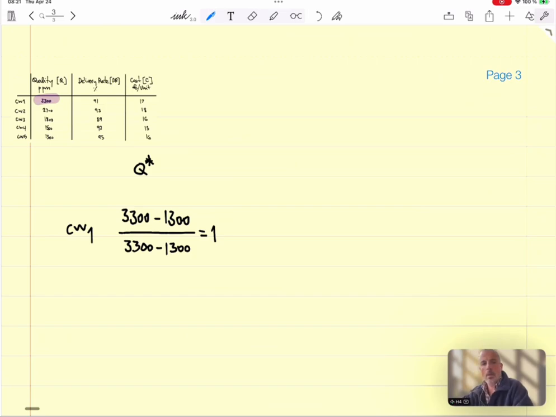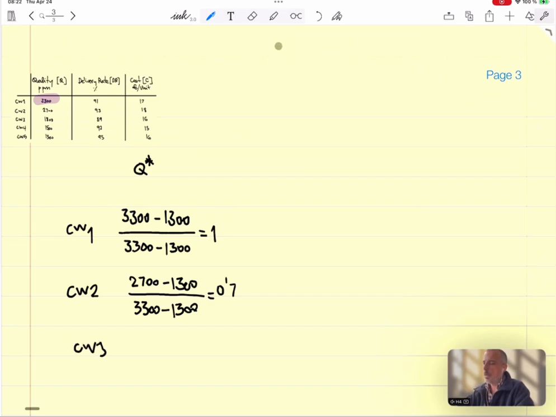So this delivers you 1. Calendar week 2: 2,700 minus the minimum of the series, divided by 3.3 minus the minimum. This is 0.7. Calendar week 3 is 1.8 minus 1.3, divided by 3.3 minus 1.3.